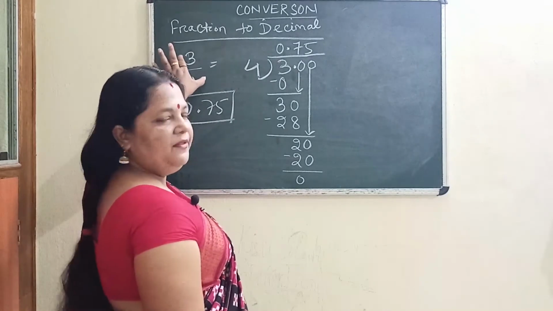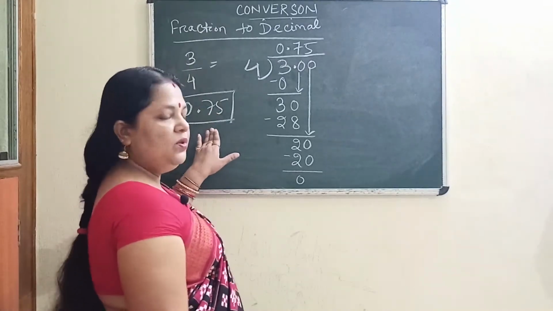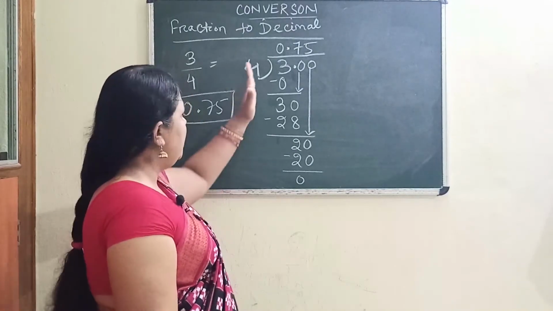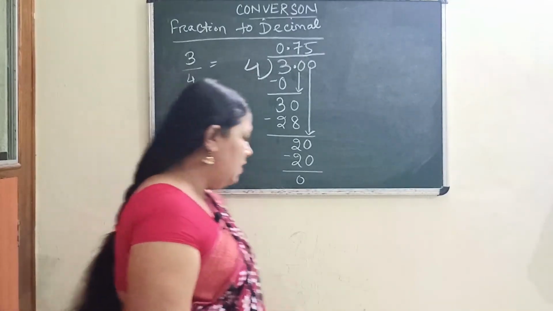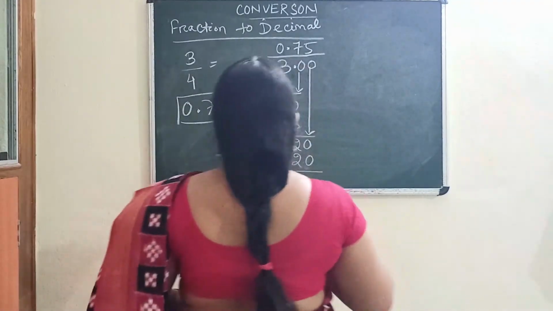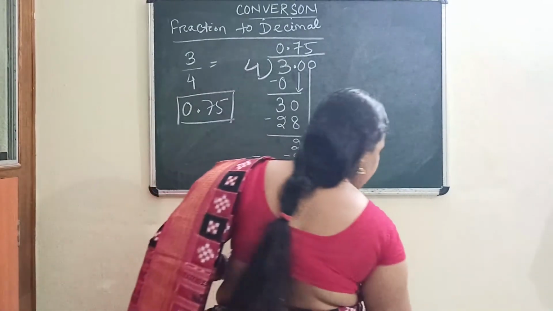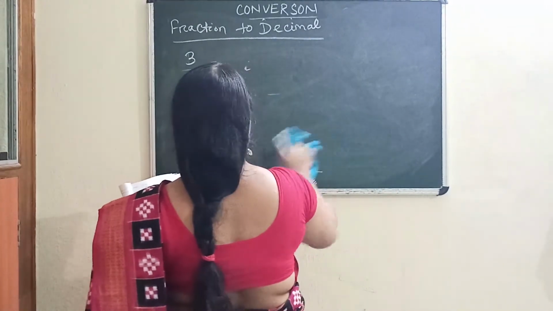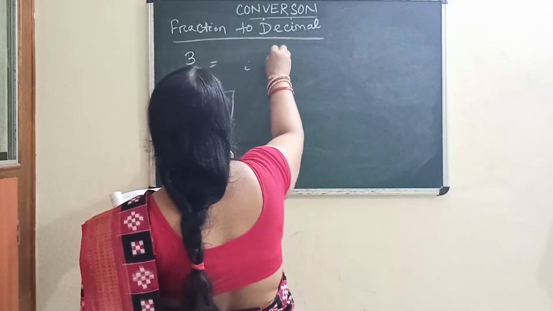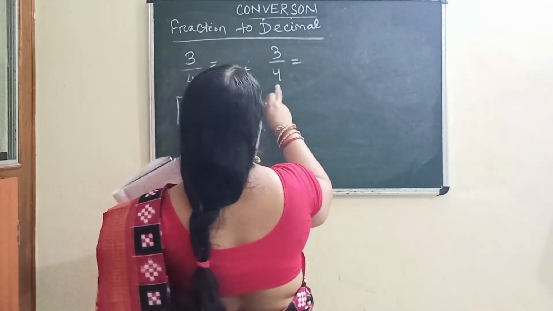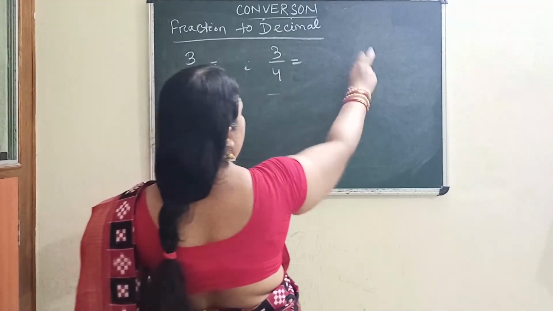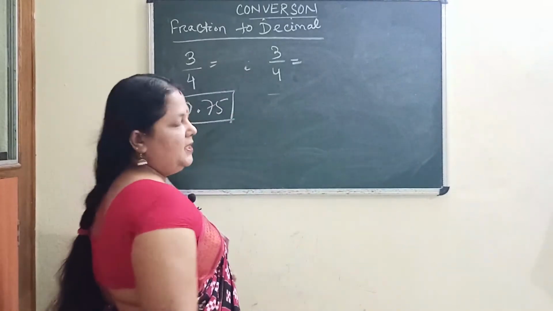Children, this is your fraction we converted into a decimal number by dividing. Okay, one more formula, another formula: this same number, suppose 3 by 4, you have to convert this 4 into 100, meaning multiples of 10.